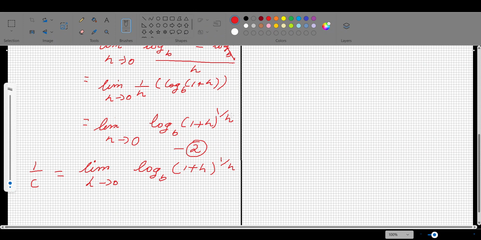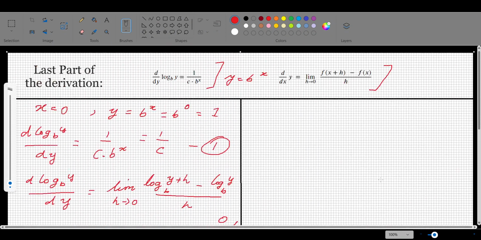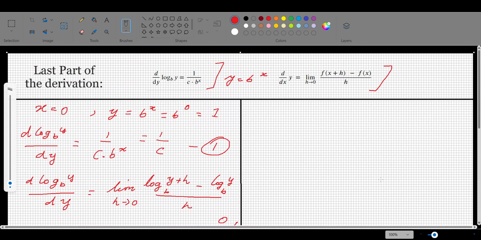This is our main equation. Now what we are going to do is take out this h part and analyze it. I'm going to write it at the top over here. Limit of h tends to 0, 1 plus h to the power of 1 divided by h.